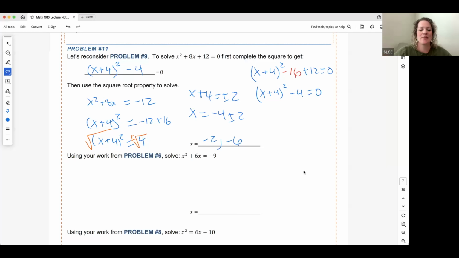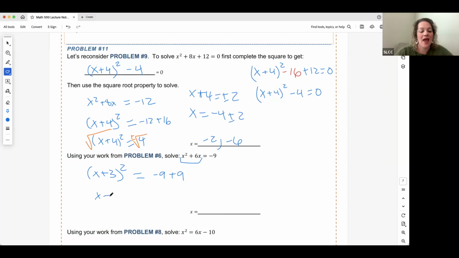Now let's look at problem number 6. So if I were to see this problem, x squared plus 6x plus 9, the first thing I would do is subtract the 9 to the other side. Then you can take this format and complete the square. So x plus 3, quantity squared. Now, what am I doing here? I'm always tacking on that plus 9. So I need to make sure to add 9 to the other side.